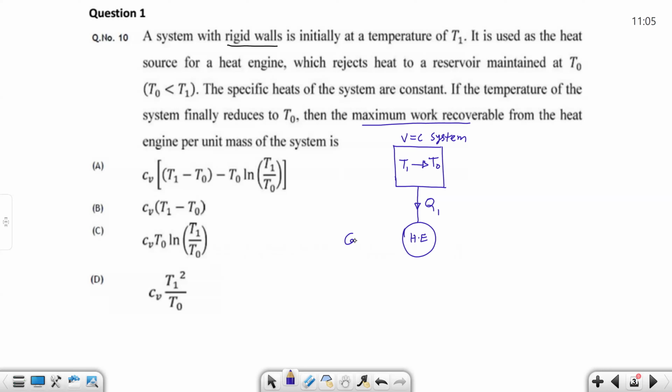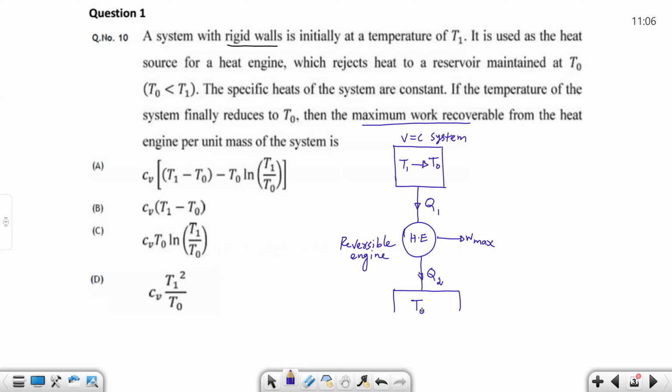Similarly, sink also at constant temperature. So you cannot say that it is a Carnot cycle. It is a reversible cycle. Reversible engine, so that it produces the maximum work output. And it rejects the heat with the surrounding temperature T0.